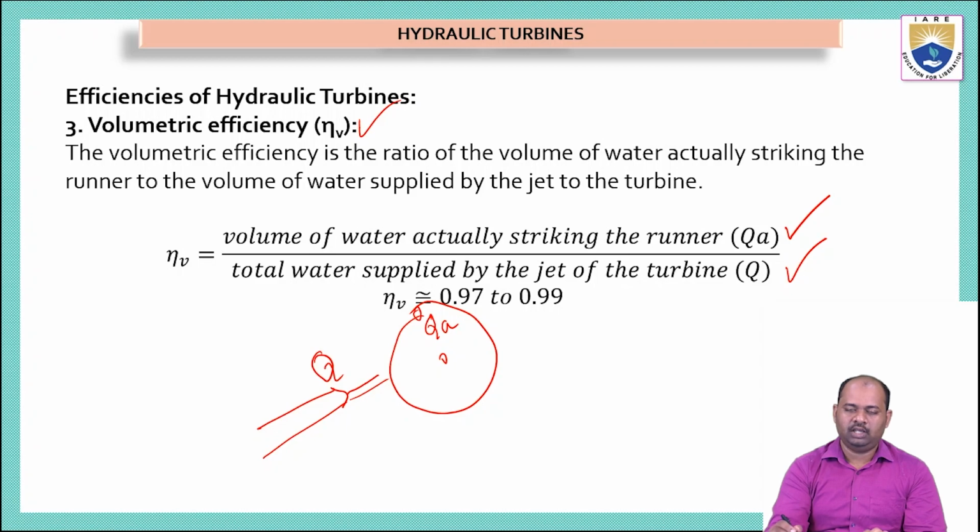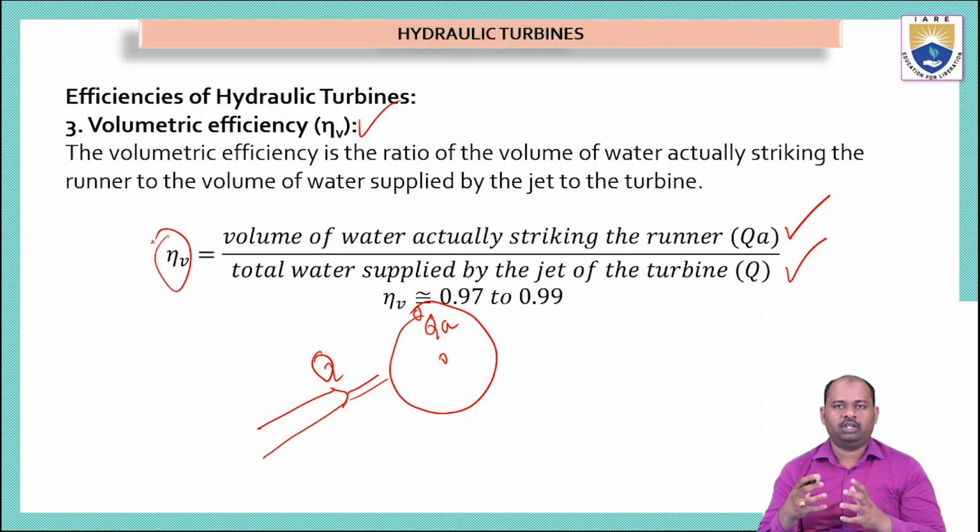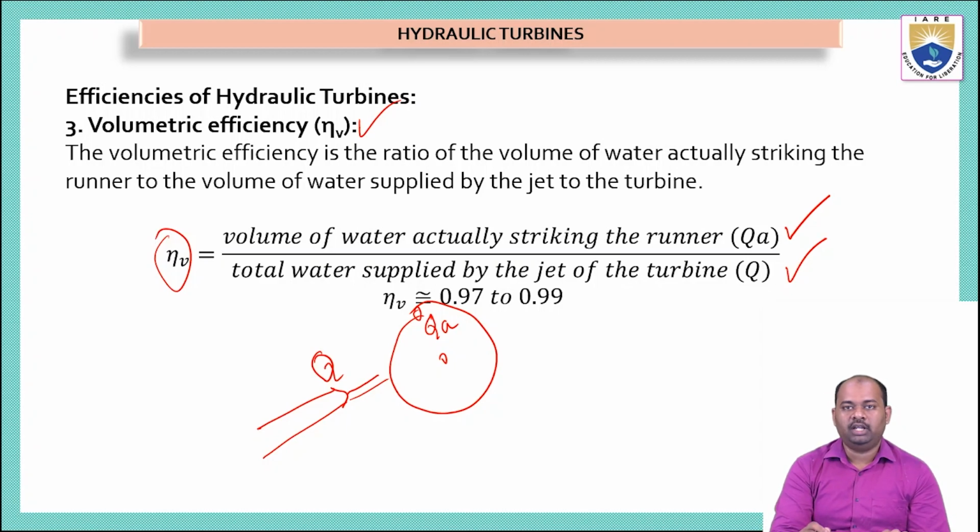This ratio is taken as volumetric efficiency. How much volume of water is being utilized efficiently? And again, the average values of this volumetric efficiency lie between 0.97 to 0.99.